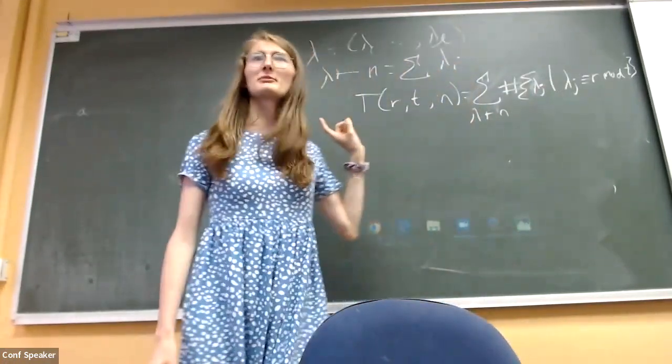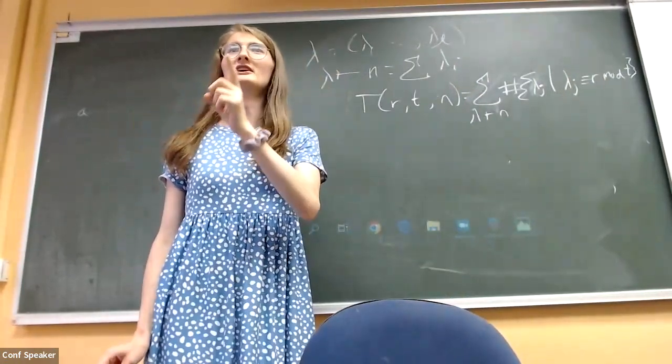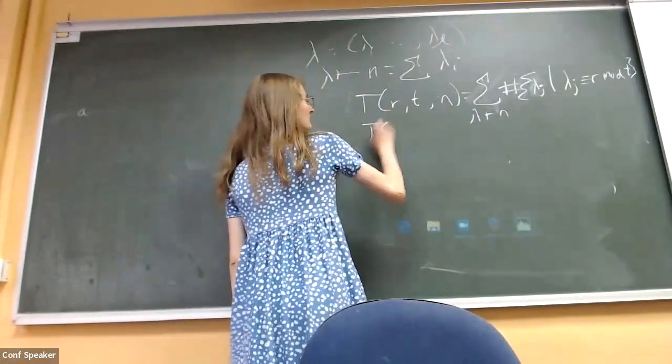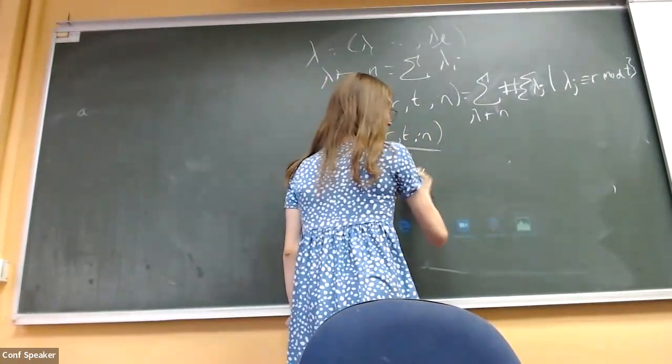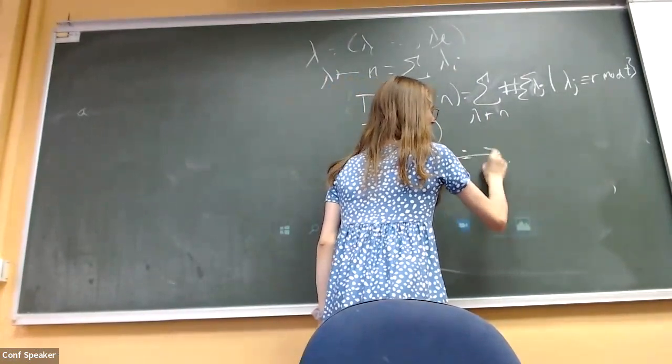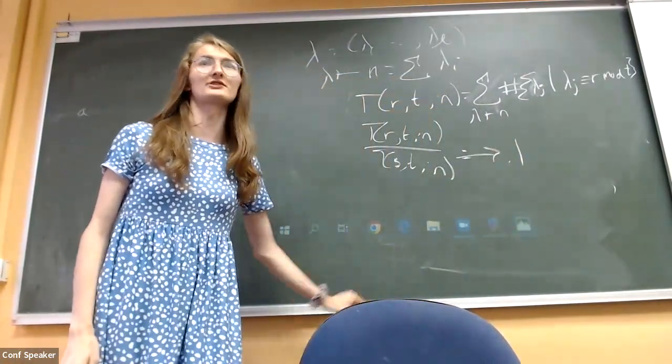Okay, and the theorem that Beckwith and Mertens proved is that this is equidistributed in the limit. Namely, T_r,t(n) over T_s,t(n) goes to 1 as n goes to infinity for any r and s.